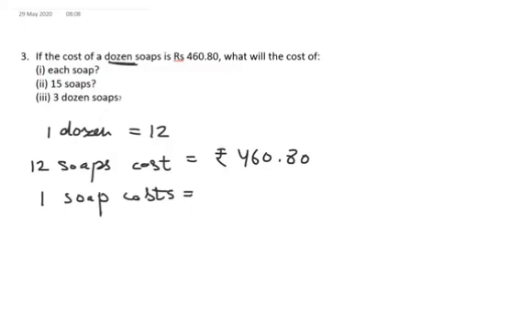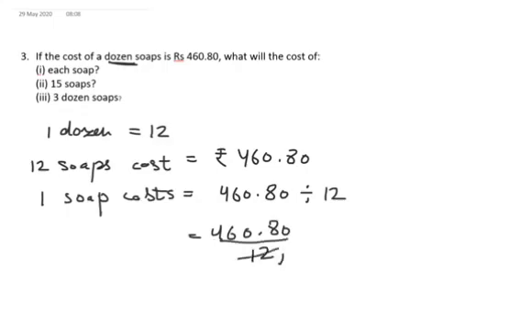So just divide 460.80 by 12. So 460.80 divided by 12. 12 ones are 12. 12 threes are 36.